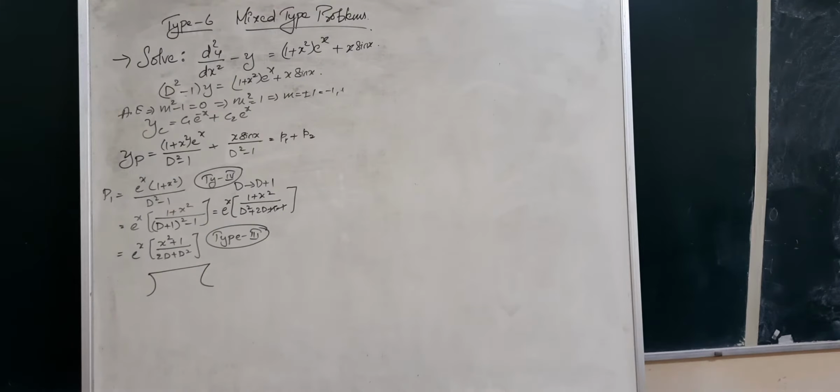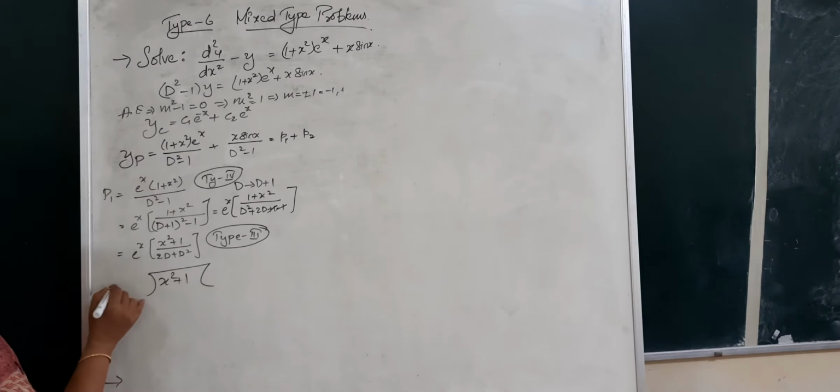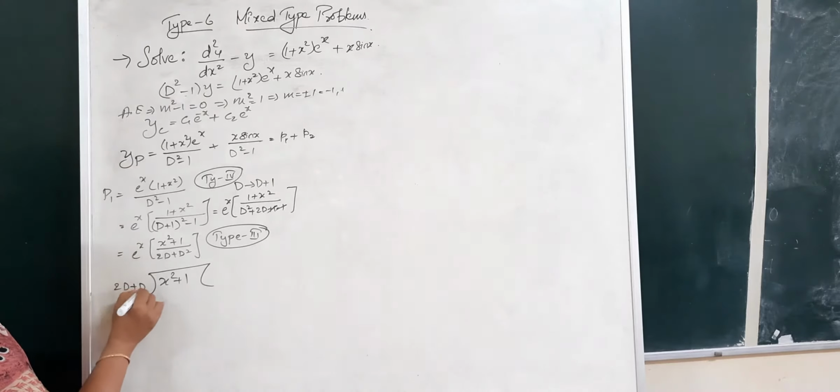What do we get when we apply the long division? x square plus 1, and here it is 2d plus d square.